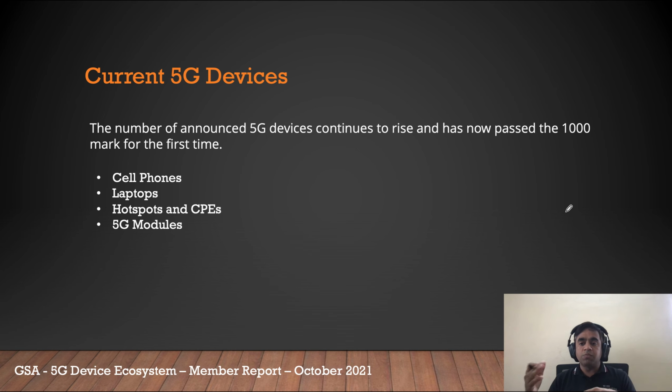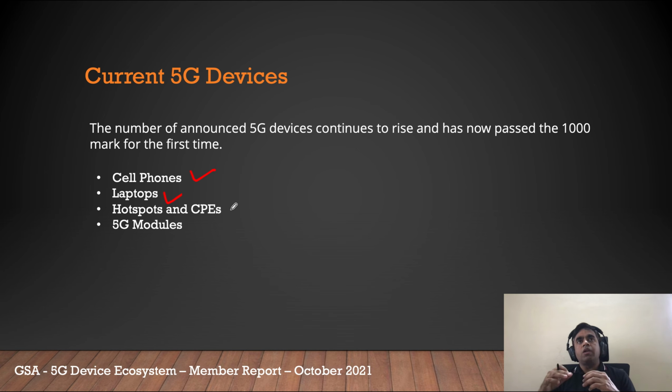This count has passed more than 1,000 already. And the major chunk that you will see first in the market is around cell phones. There are already a lot of cell phones which are 5G compatible. Then we have the laptops with the 5G connectivity.